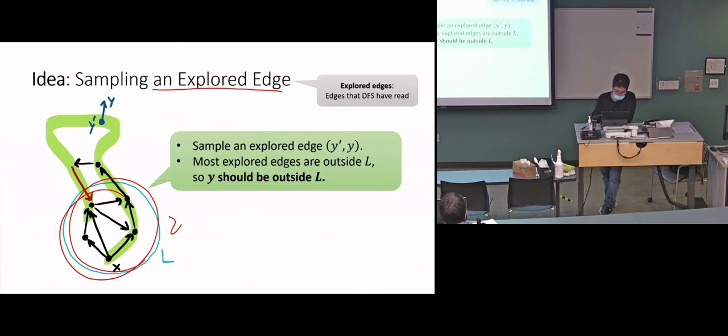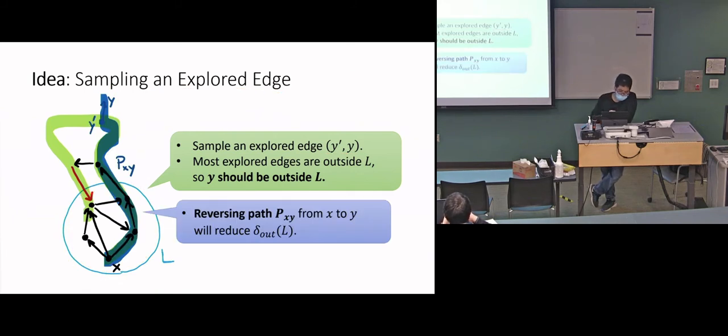So you sample one of the edges that you have explored. The edge might be here, and you can take one endpoint of the edge. That one should be outside too.